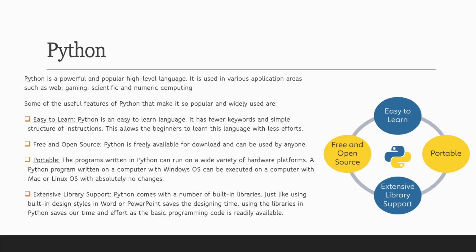It has fewer keywords and a simple structure, so even beginners can start programming without much difficulty. Another big advantage is that Python is free and open source. Anyone can download it, use it, and even contribute to making it better.